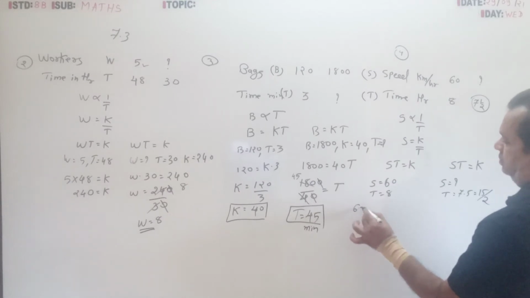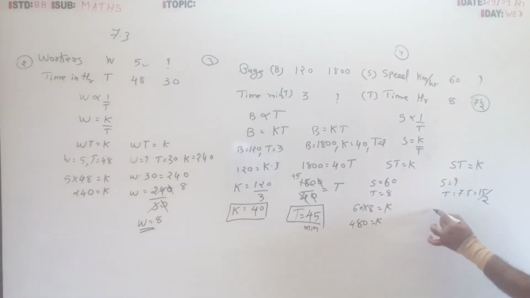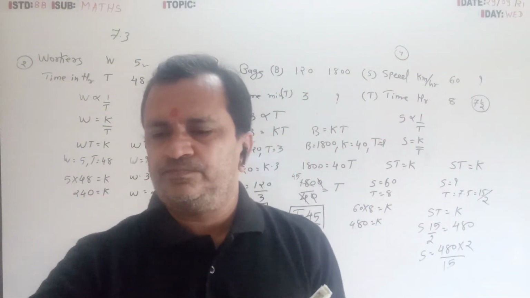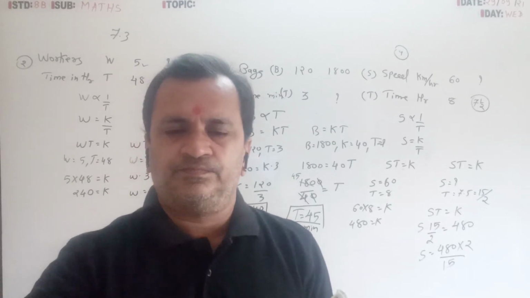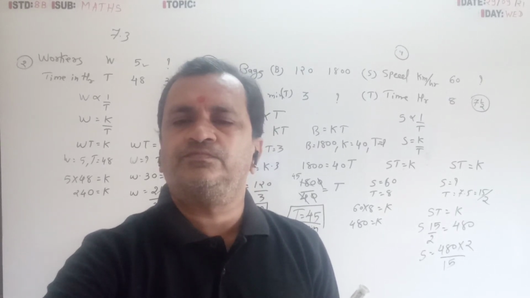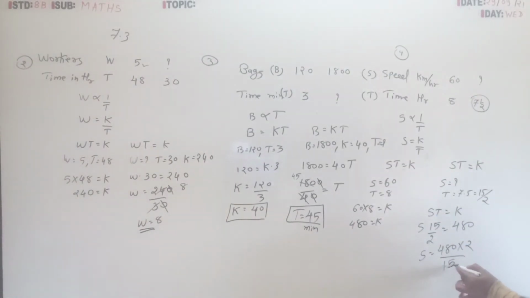So 60 into 8 is K. Now here S is not given, T is given, K is given. Thirty-two twos are 64.